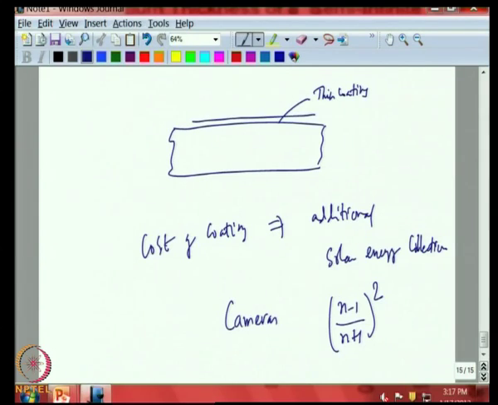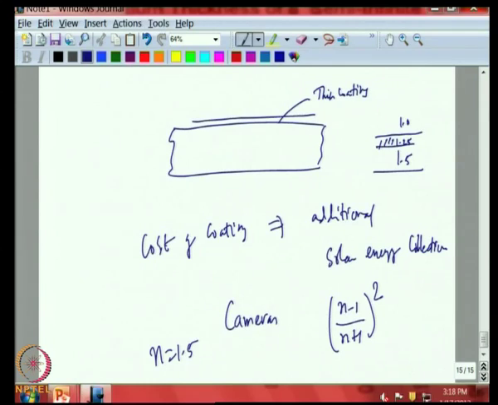So, if the refractive index of the glass is 1.5, this quantity can be quite large. And so, if you replace the 1.5 to 1 transition with, let us say, 1.5 to 1.25, 1.25 to 1, a thin layer with a refractive index in between glass and air, then you reduce the reflectivity of that layer.